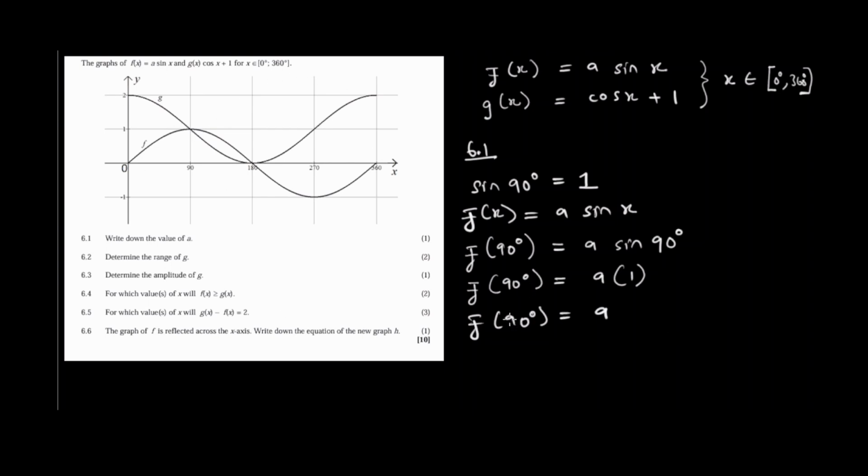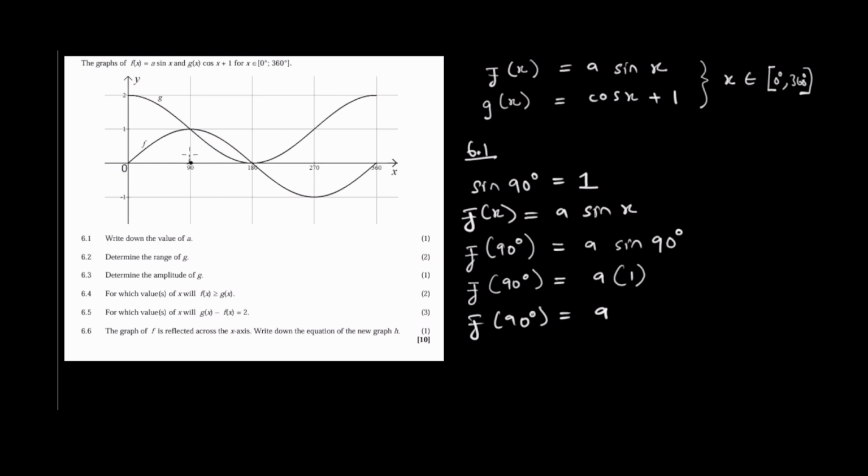But we can now still come to this graph. Then we look for 90 degrees because we want to determine what f(90) is going to be. We have manipulated this from our knowing that sine 90 degrees is equal to 1. Now we have come to the realization that f(90 degrees) is equal to a. When we come to our graph, we look for 90 degrees, we find it here.